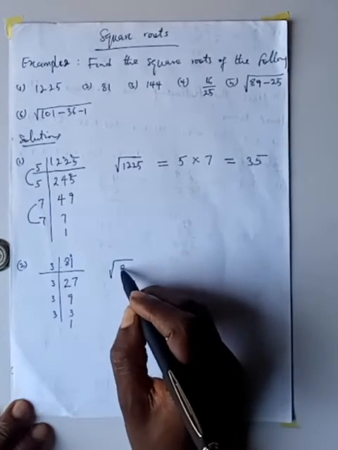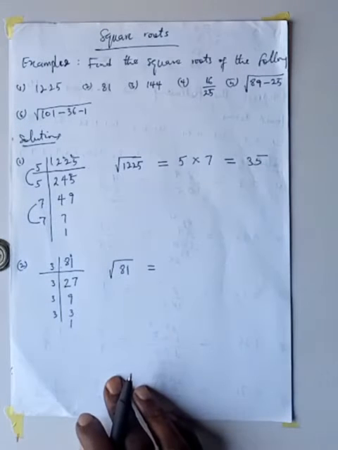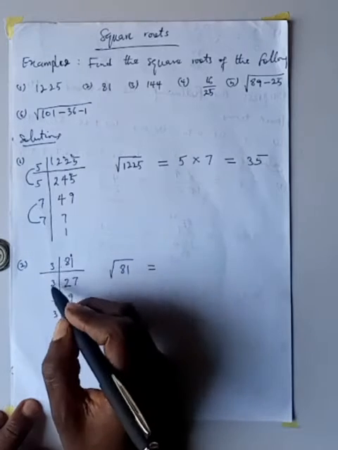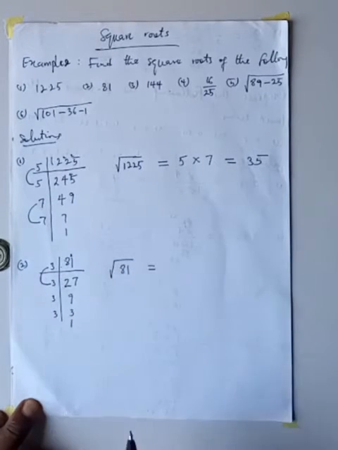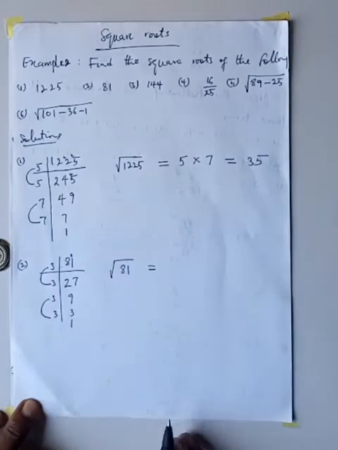So square root of 81 here becomes, now remember I said above that we are going to be pairing numbers, and the basis of pairing is going to be in 2. So I'm going to pair this and this together. Only 2 numbers have to be picked at a time. Now this is one set of numbers, and this is another set of numbers.